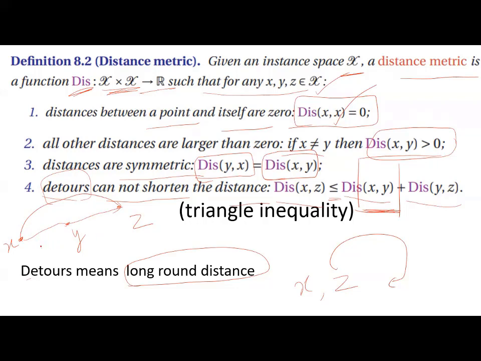If I call these d1, d2, and this d3, definitely d3 must be less than or equal to d1 plus d2. So these are all the distance metrics. This is also called the triangle inequality.